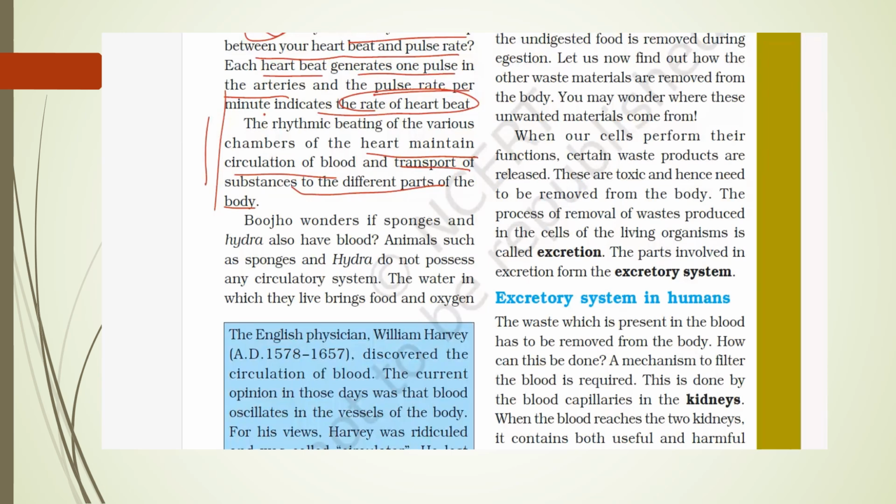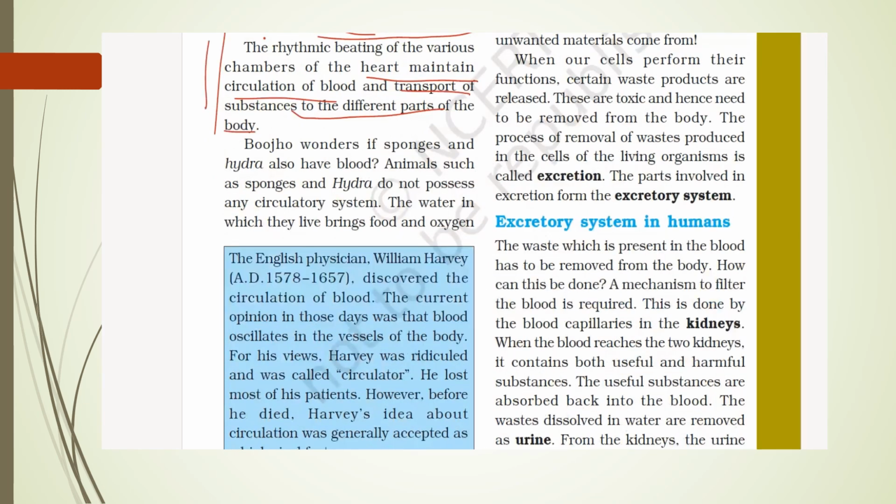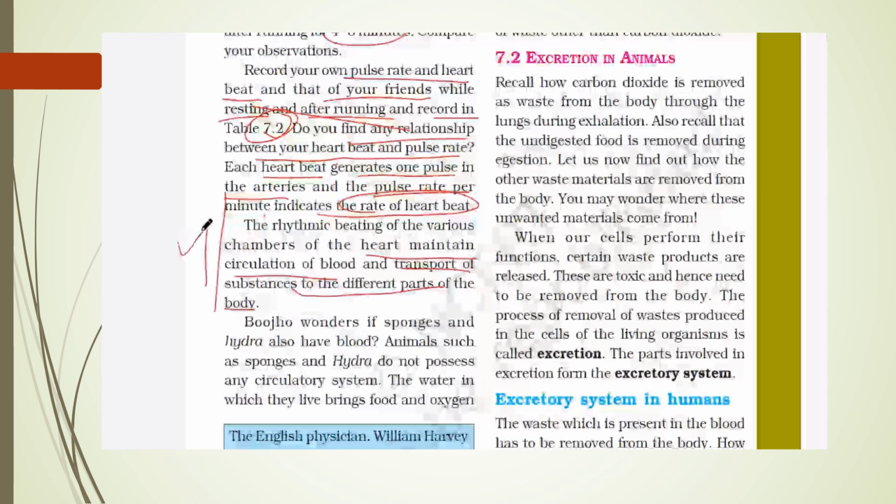It moves to the lungs to get oxygenated, and the oxygenated blood is passed through the aorta to different parts of the body to transport important substances. Okay, so this is how the heart functions.